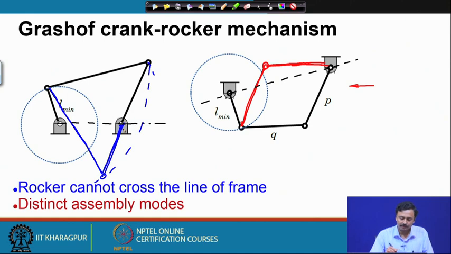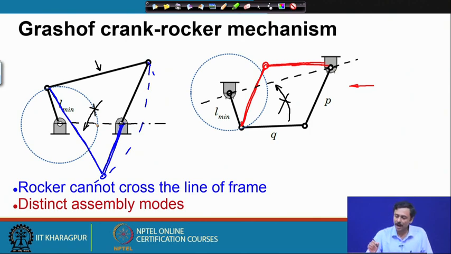or the blue configuration. Now, I have said that the rocker cannot cross the line of frame, which means that starting from this configuration, I can never go to this configuration. From the black configuration, I can never go to the blue configuration. Here, starting from the black configuration, I can never go to the red configuration as the mechanism moves.